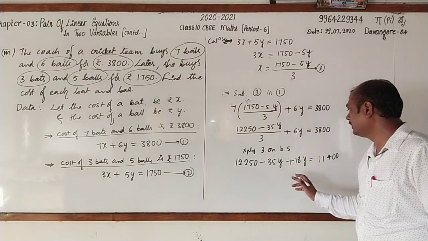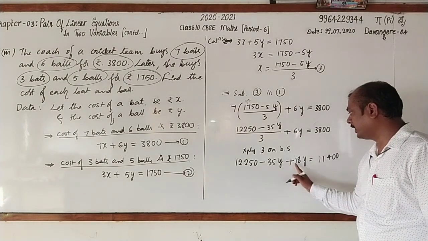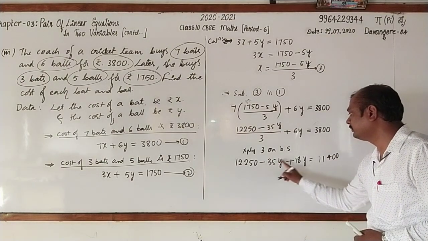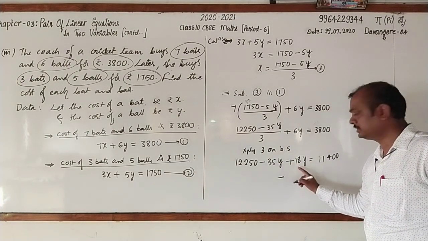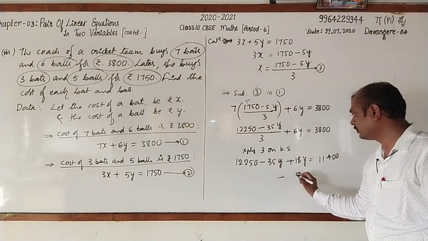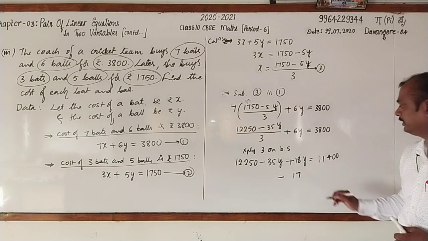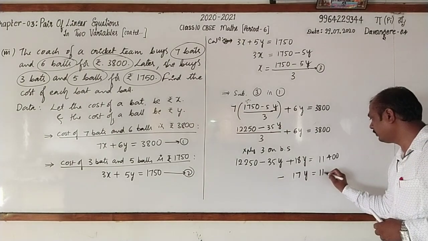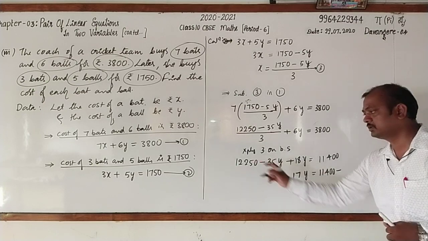Okay, now minus 35y plus 18y. How much it will be? It is minus 15 minus 8, it is 7. Here 2 will remain. 2 minus 1, it is 1. 17y. Minus 17y.